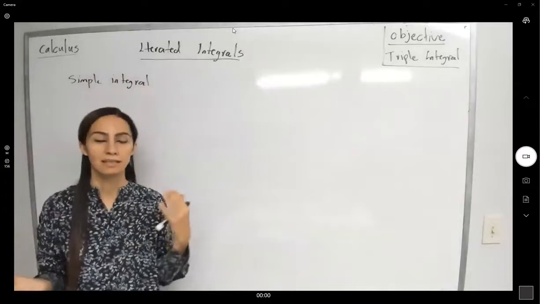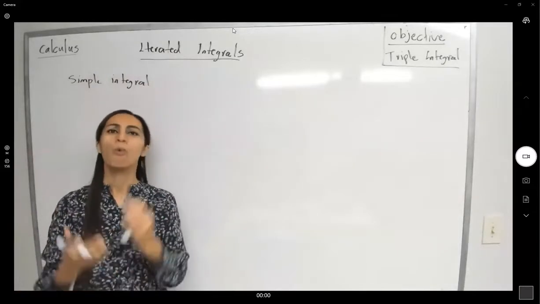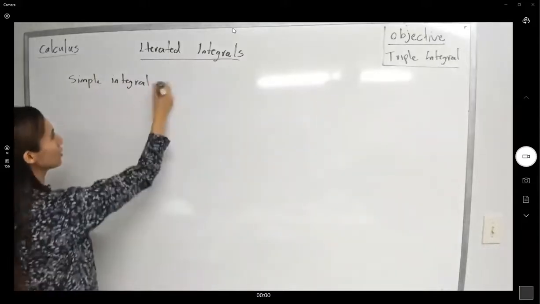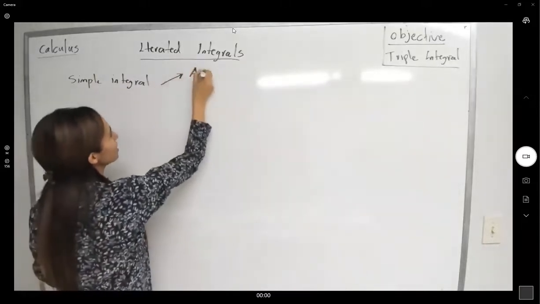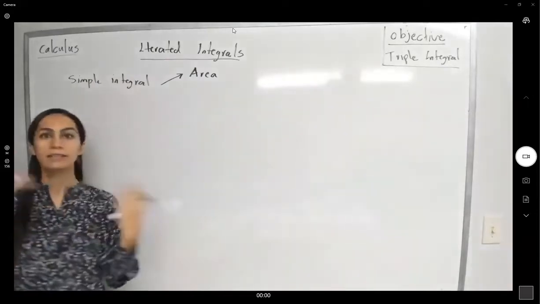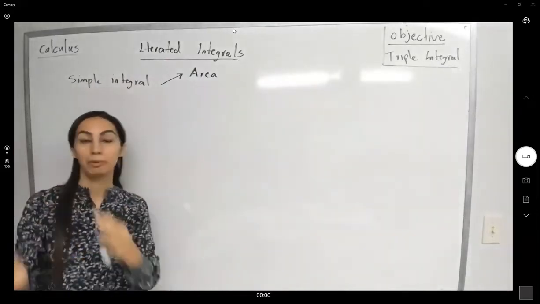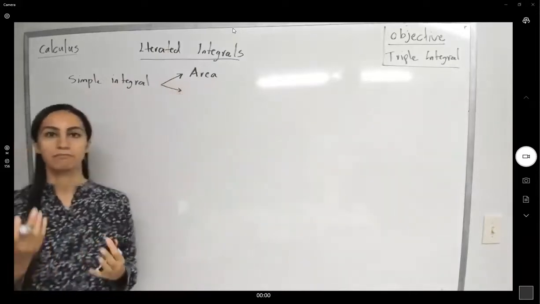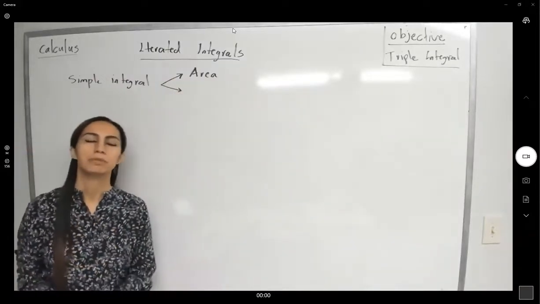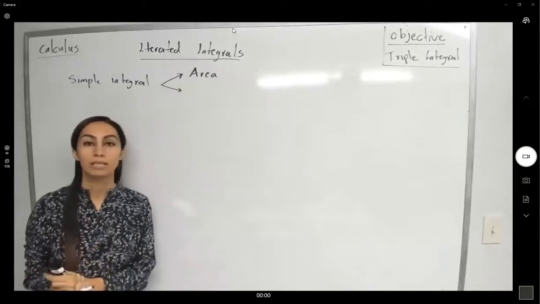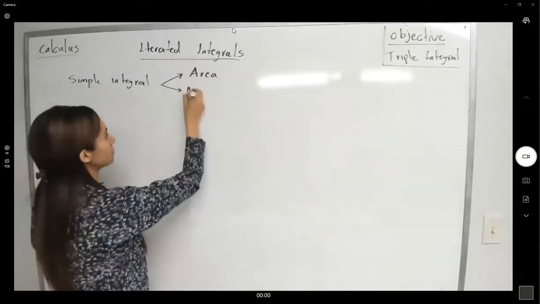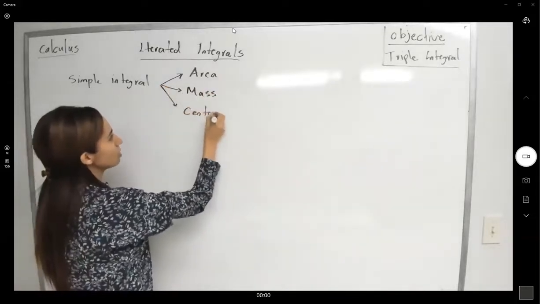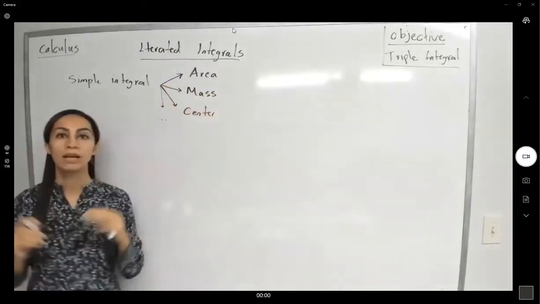A simple integral had different meanings in different branches of science. One of them was finding the area below a function. In other applications of integrals, the simple integral of a function f might be related to calculating the mass or finding the balancing point, the center, and many more applications.